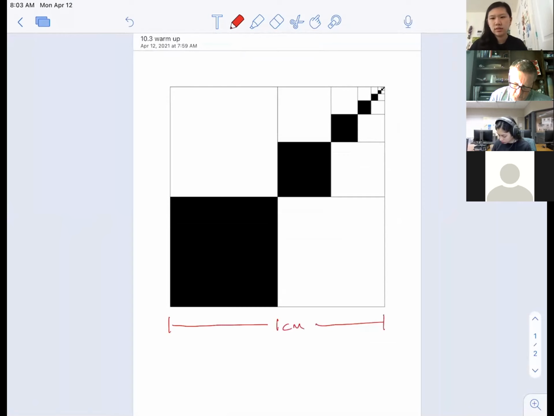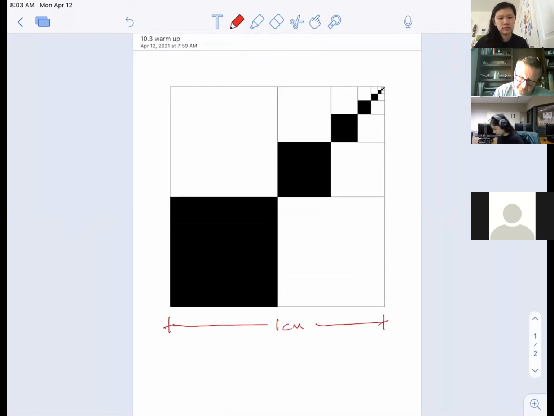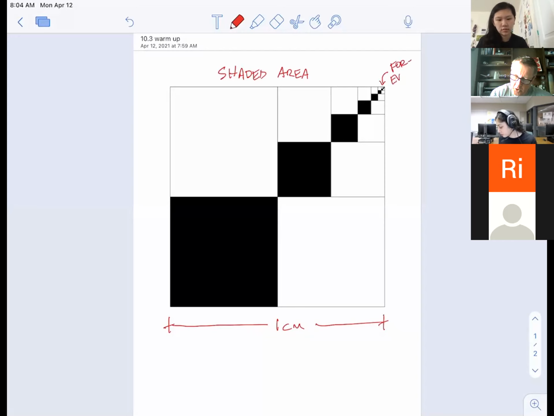We'll say this is 1 centimeter by 1 centimeter just to give it units. Forever.